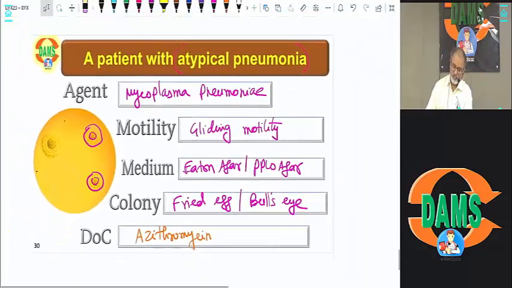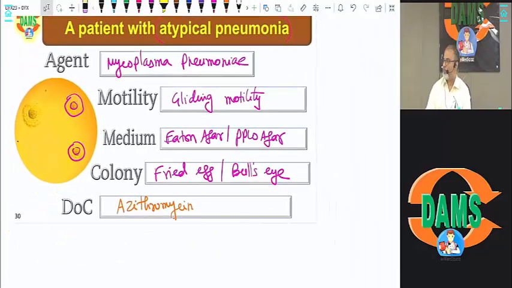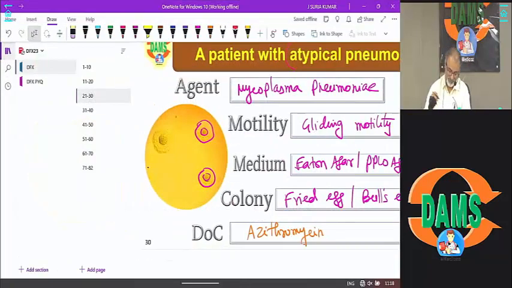This is about Mycoplasma. Minimum per slide 5 to 6 points. Okay. That's all. Next is, we completed 30. Before the tea break, we need to complete at least 45. Okay, right.